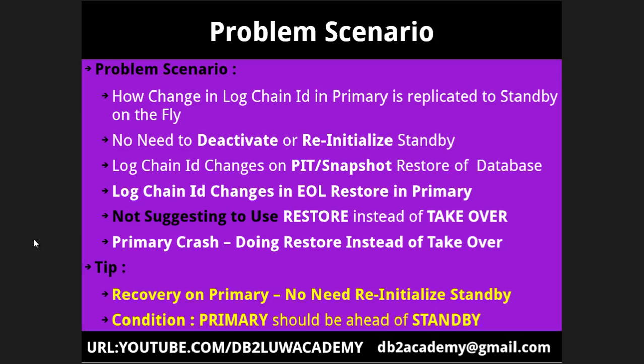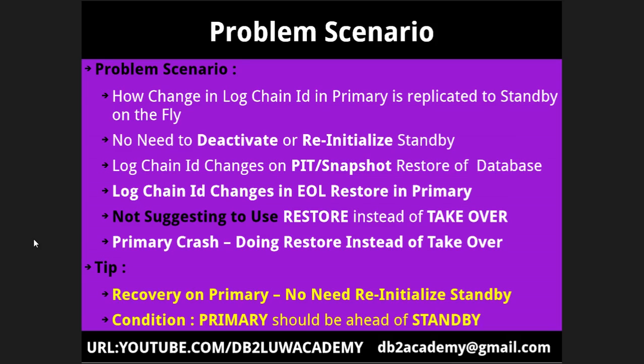Now the log chain ID usually changes, as far as I know, when you do a point in time restore of the database from an older backup. Or if you have implemented snapshot restore, like file system level or OS level snapshot restore, and you're using the db2inidb command to initialize the database, in that case also the log chain ID will change.